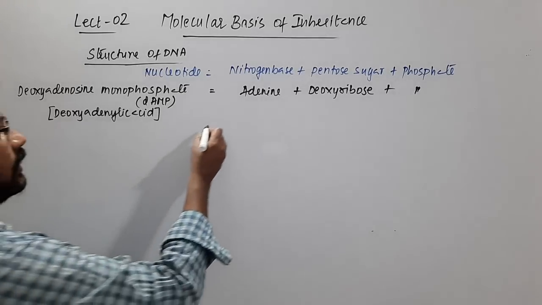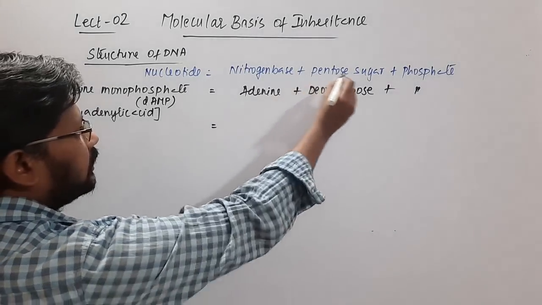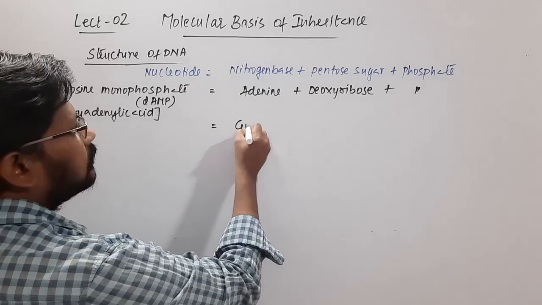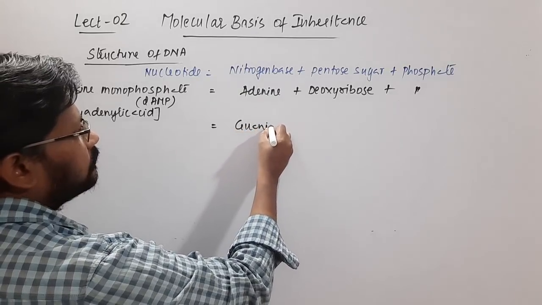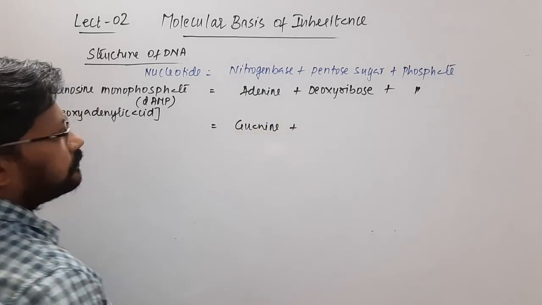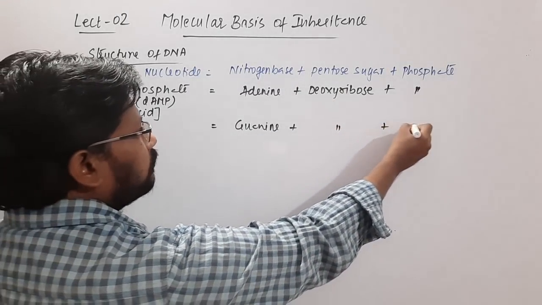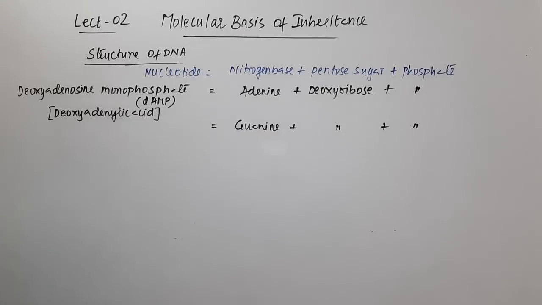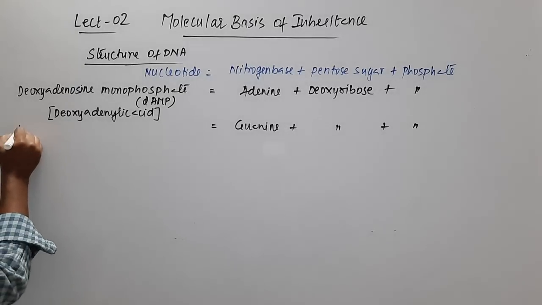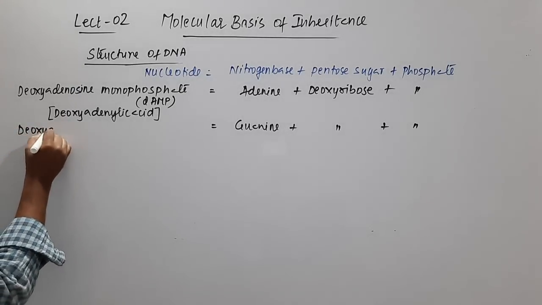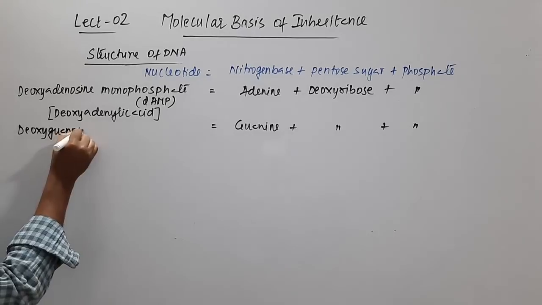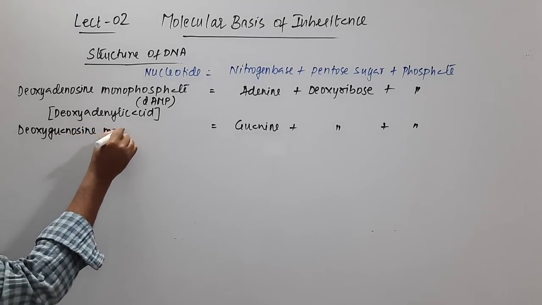Now let's see another nitrogen base, guanine. The deoxyribose remains the same and the phosphate also remains the same, and this results in the formation of deoxyguanosine monophosphate.